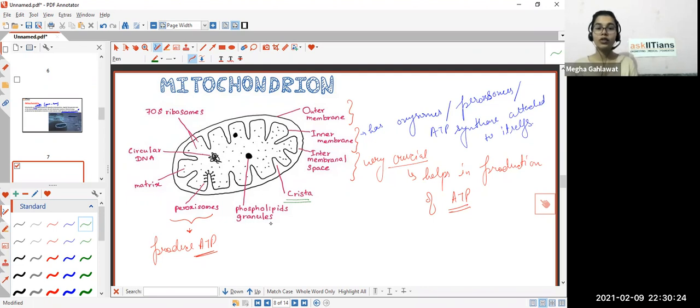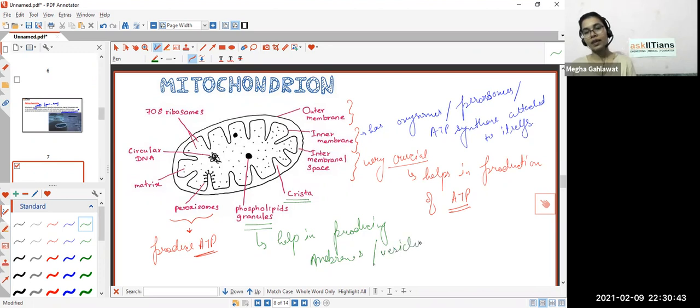Then we have the phospholipid granules. These phospholipid granules basically help in producing the membranes, vesicles, and biogenesis of mitochondrial membranes.